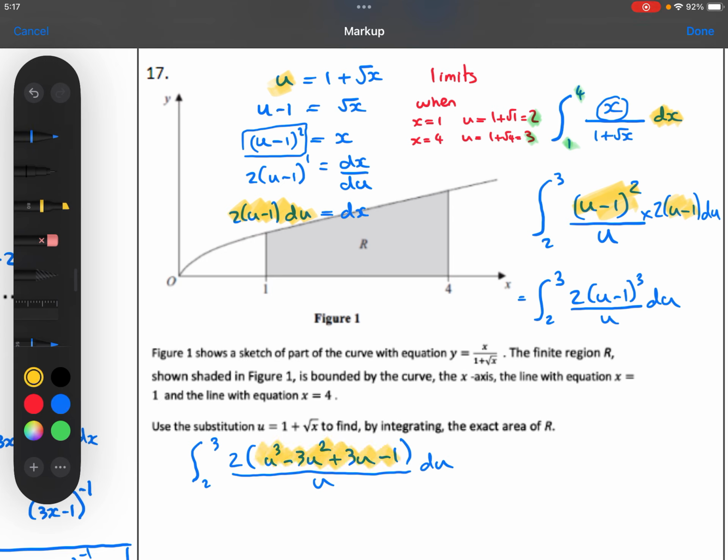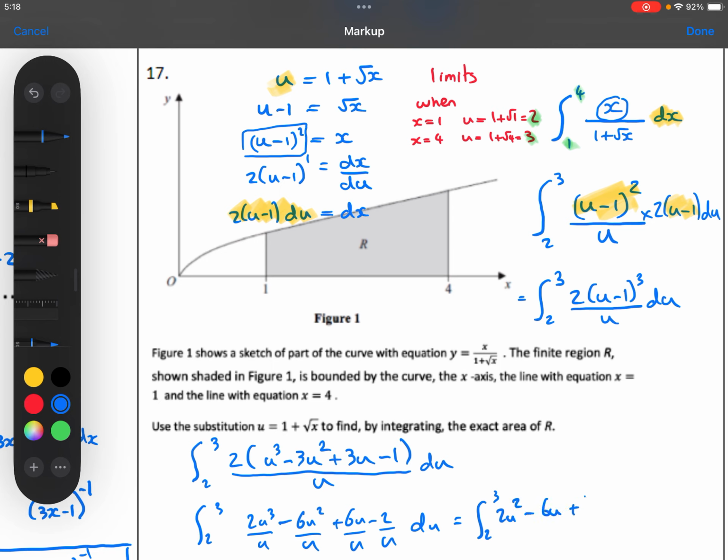This is just me expanding this. Multiply all of that by 2. So 2u cubed minus 6u squared plus 6u minus 2, dividing each of those terms by u, to get the integral of 2u squared minus 6u plus 6 minus 2 over u du.